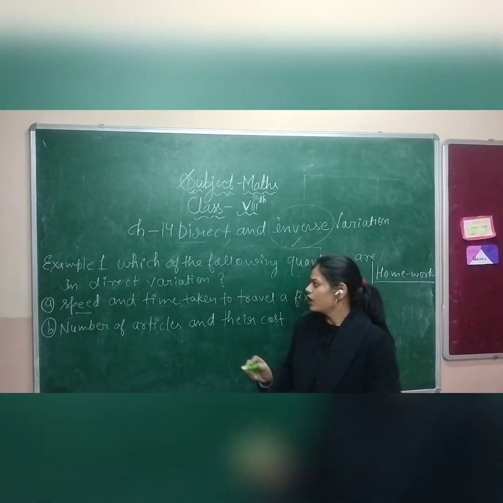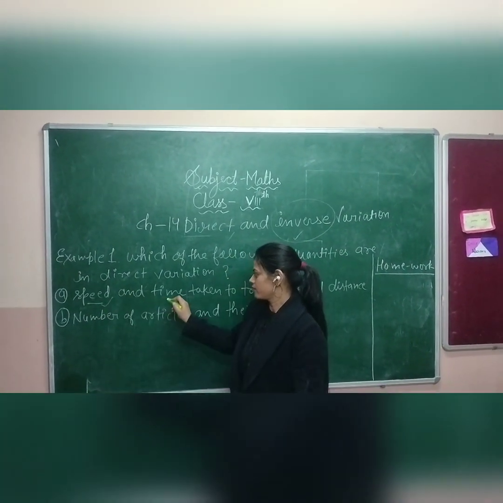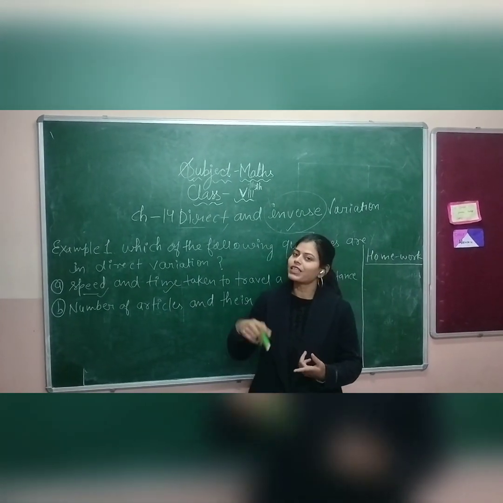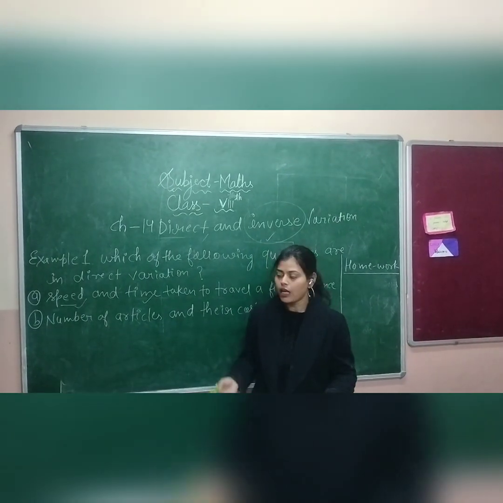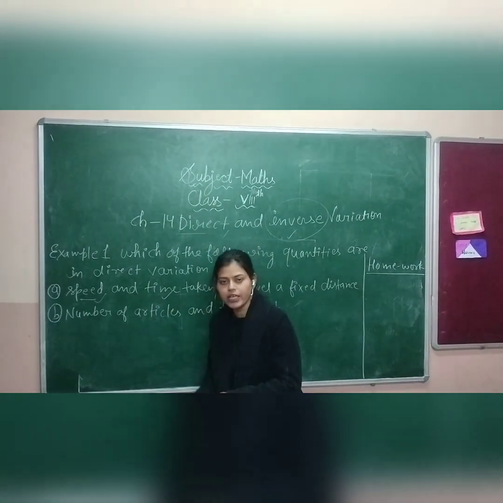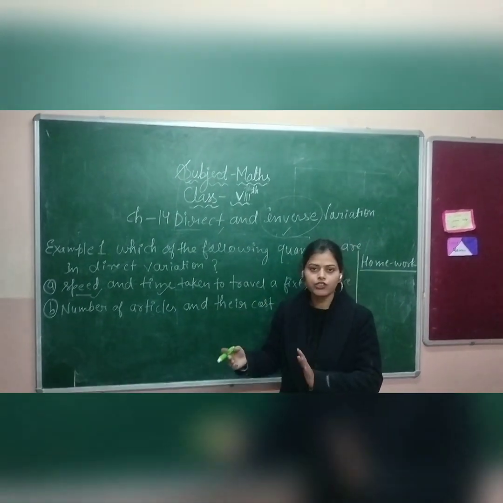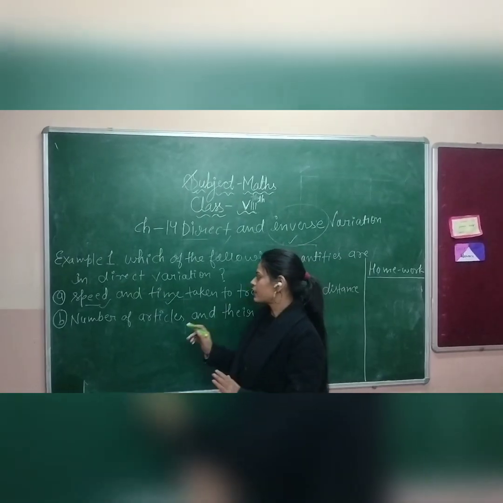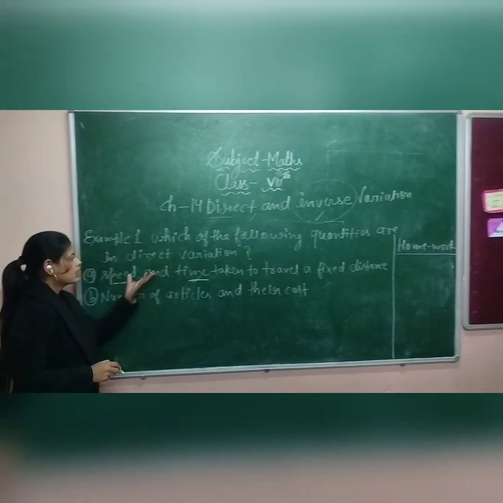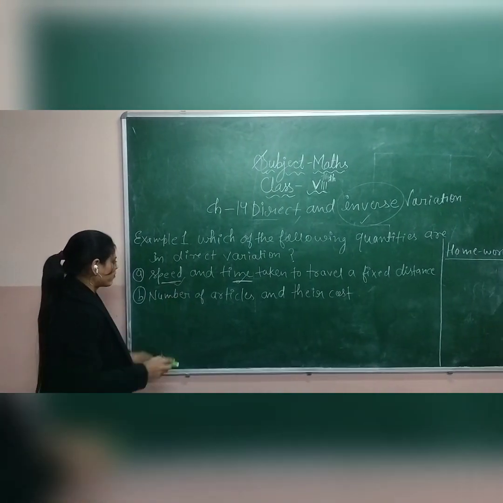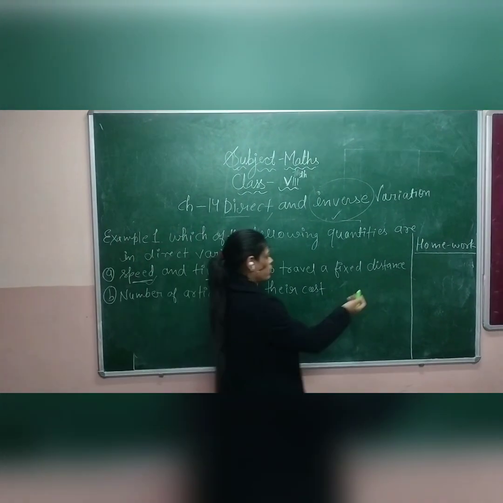As we know, if you increase your speed, the time taken will be less. And if you reduce your speed, the time taken will be more. So this example is not in direct variation.